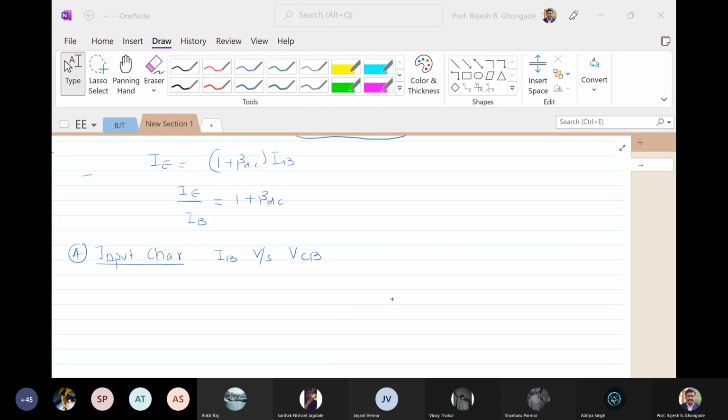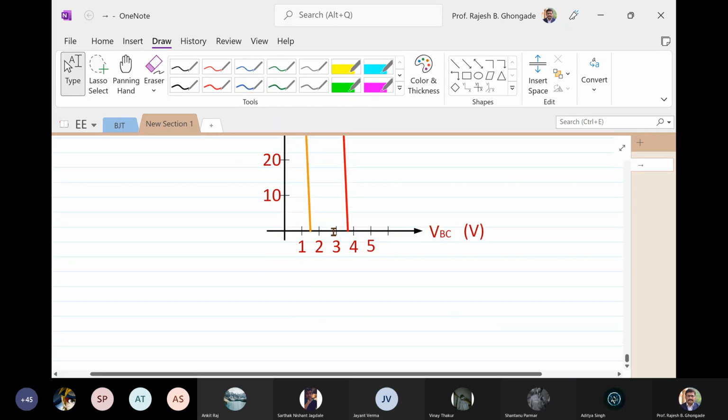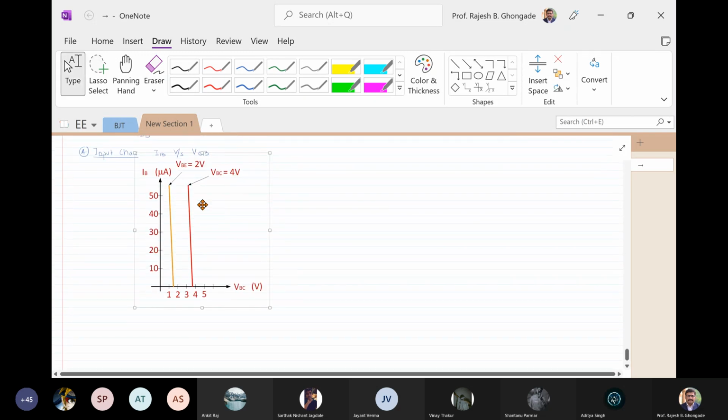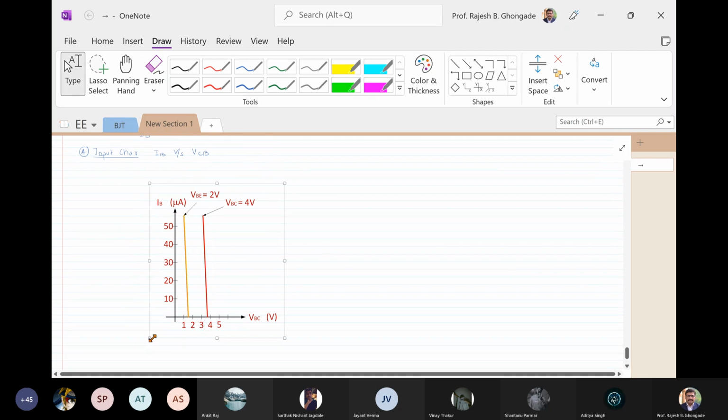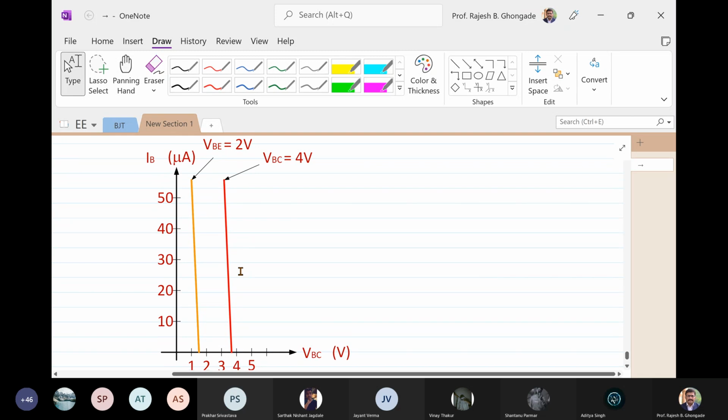These characteristics come out a little strange. Let me show those characteristics. Different, a little bit weird characteristics. Why don't you get similar to common emitter and common base?